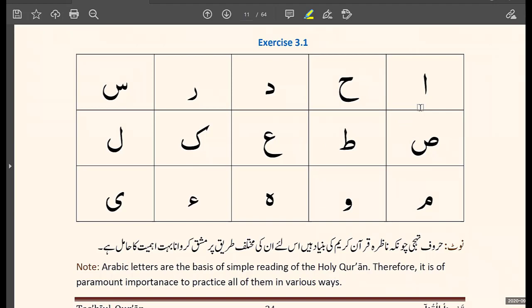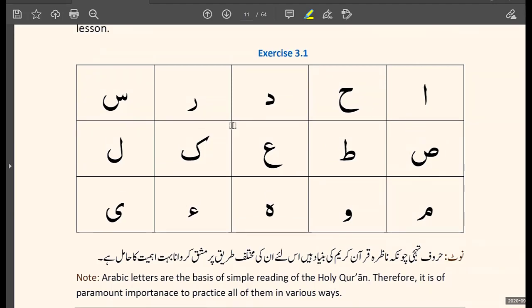And please now read from right to left, row number 1, line number 1, please. Alif, Ha, well done. Dal, Ra, Seen. And continue.